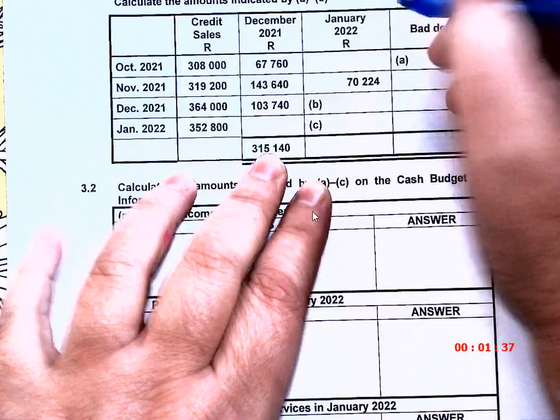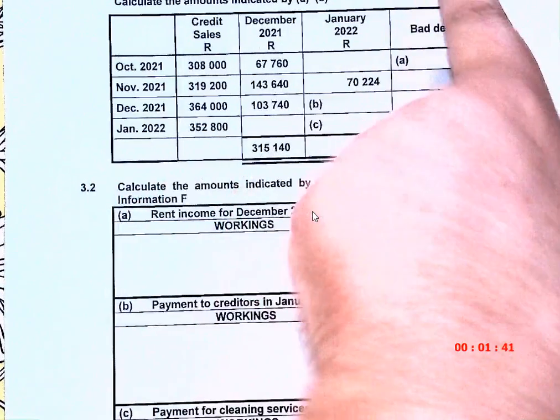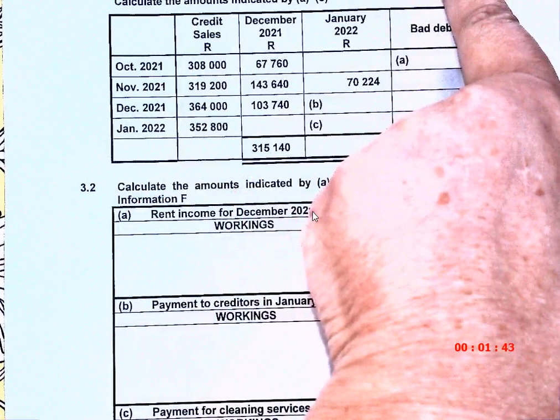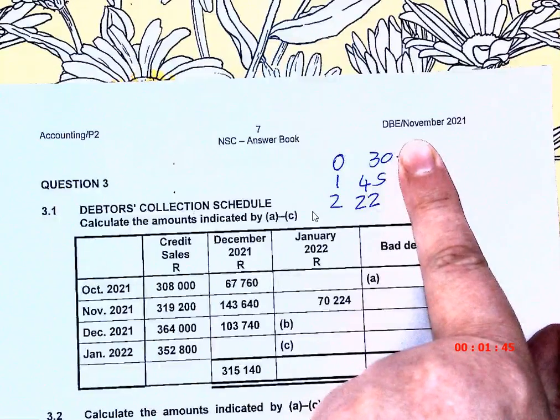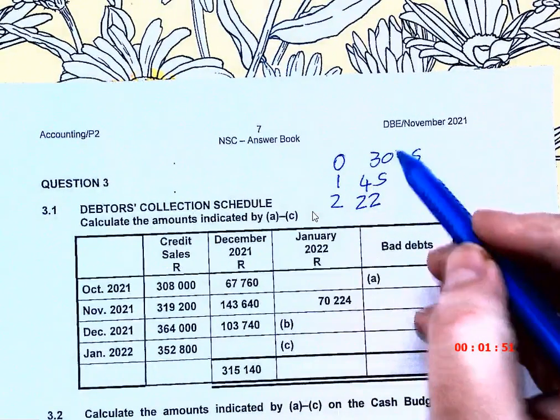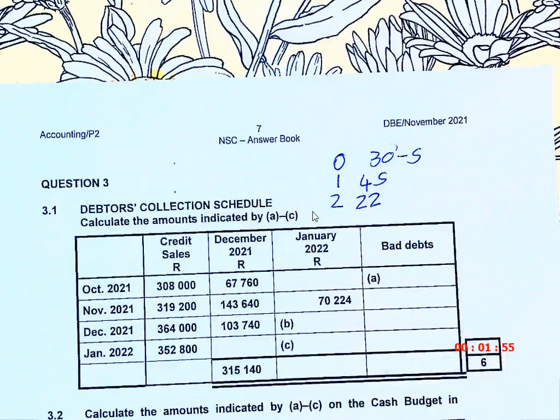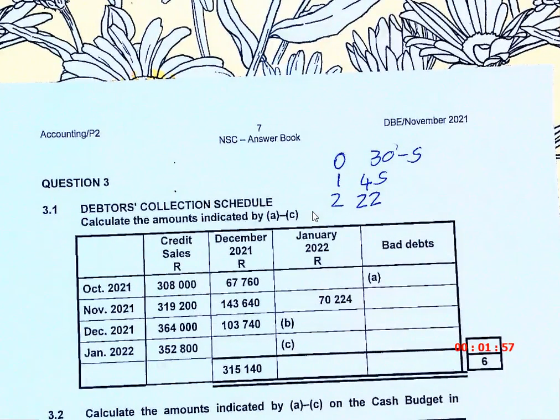So now, very important. For the bad debt, you're not going to use that less 5. For the bad debt, I'm not going to use the minus 5. Why? Because 30% of the debtors pay me, and for them I give a 5% discount. So what is my bad debt percentage going to be?